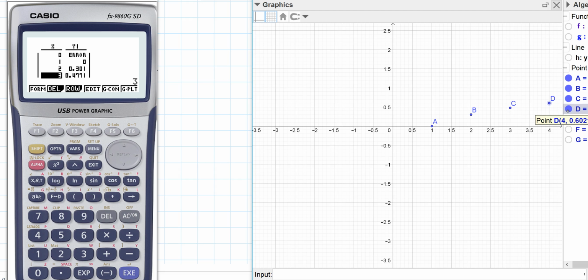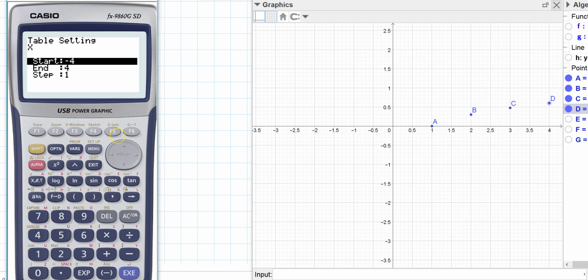So I can see that I'm getting some sort of shape happening in this part of the graph, but I possibly also need to see what's happening down over here. I know that nothing happens on this side of the graph, and the graph doesn't appear to exist when x is equal to 0. So it would appear now that the y-axis is an asymptote for this particular graph. Let's go back to the table.